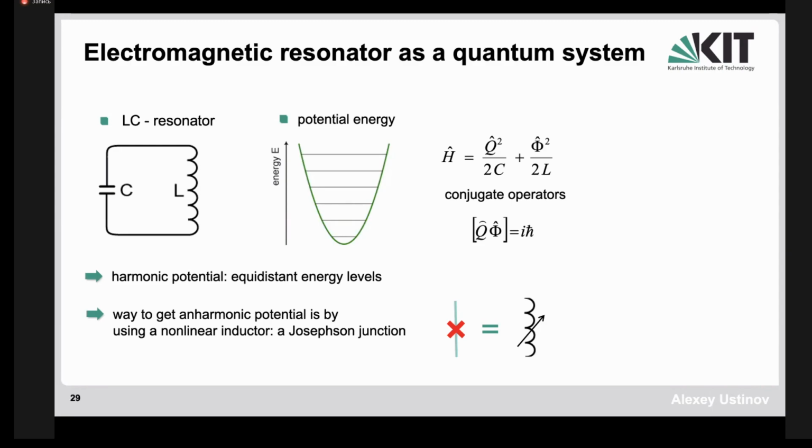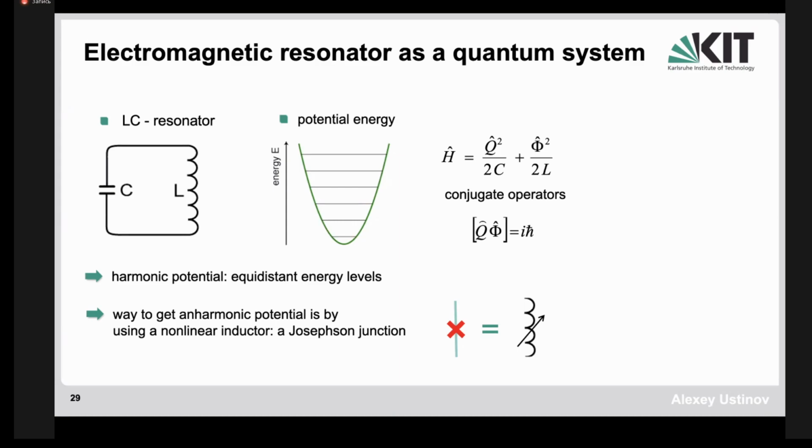This means that these operators do not commute: the commutator of the charge operator and the flux operator is not zero, it is iħ. So we cannot determine with arbitrary accuracy the charge and, at the same time, the flux.